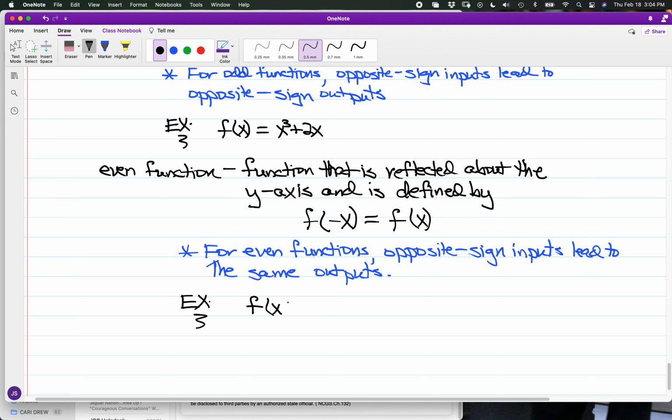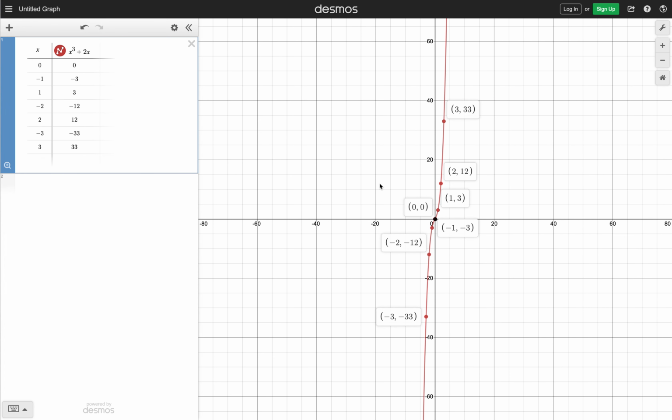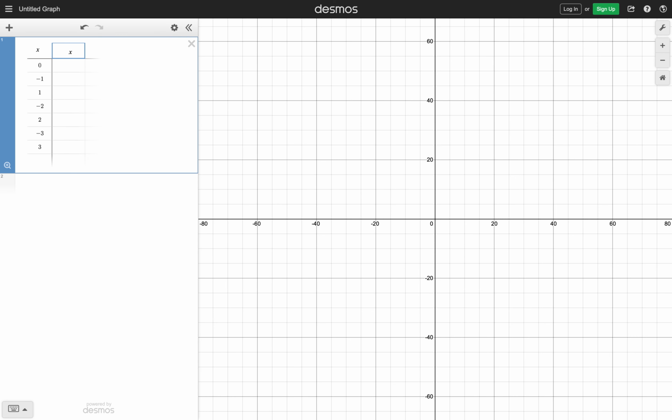So I say we have something like f of x is equal to x squared minus 2. Okay, so if I change this function, we have x squared minus 2.